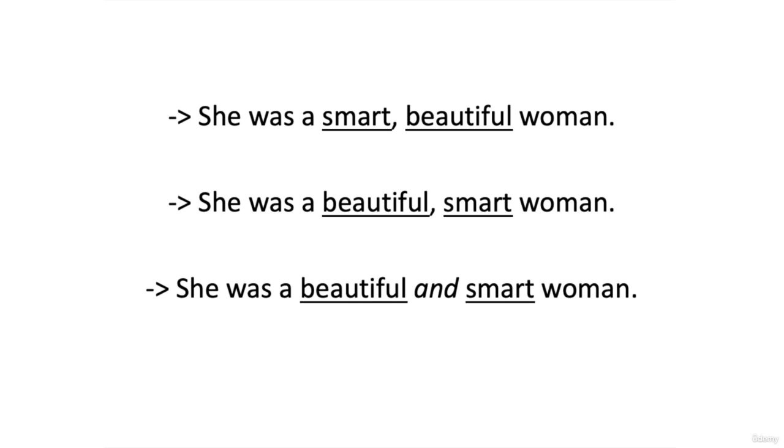She was a beautiful and smart woman. Both these adjectives, beautiful and smart, describe how the speaker feels about the woman. They belong to the same category of adjectives and therefore can be used in any order.